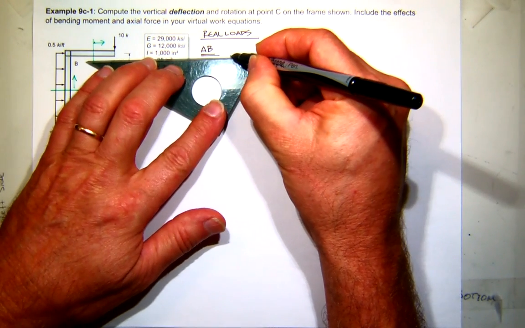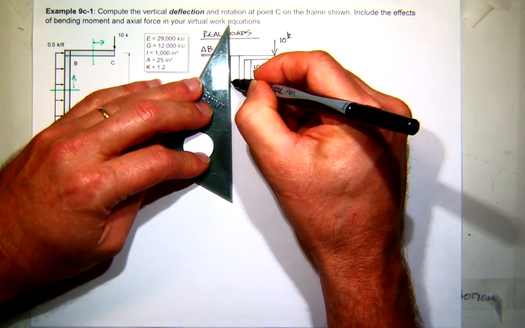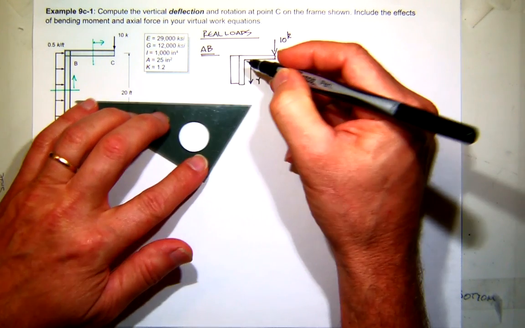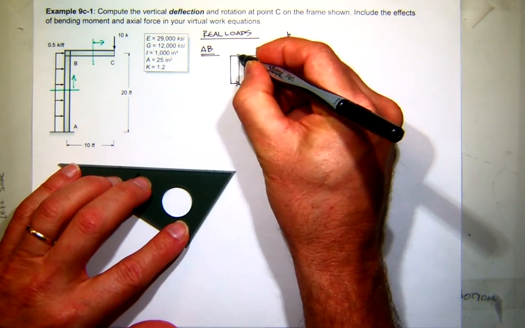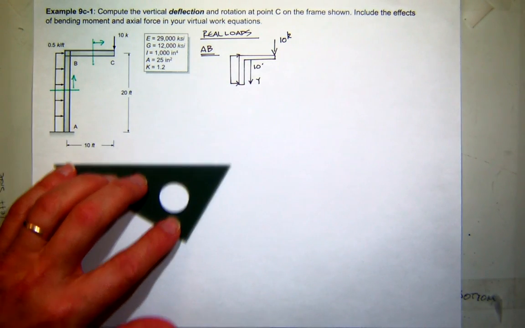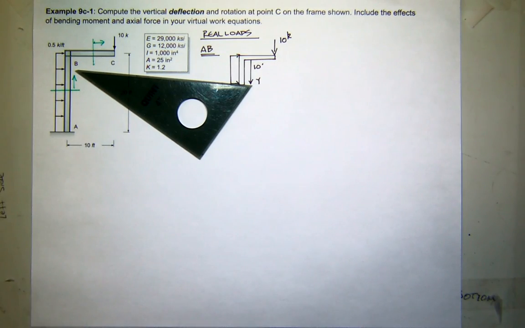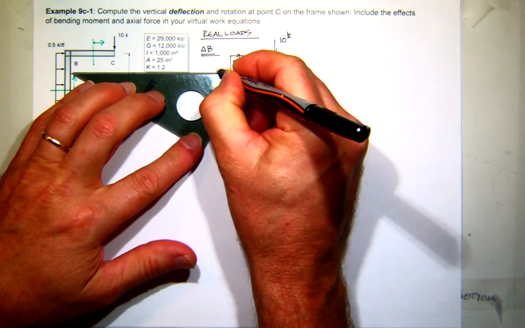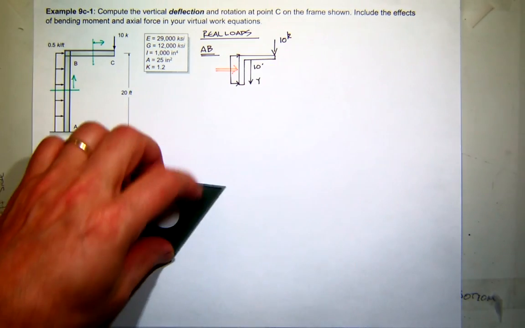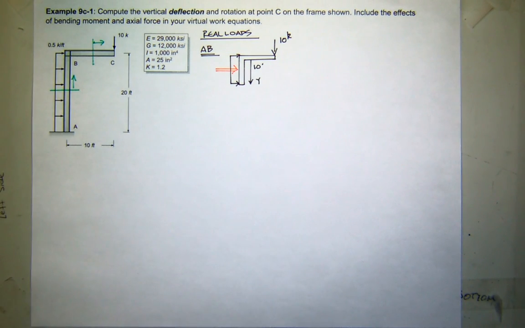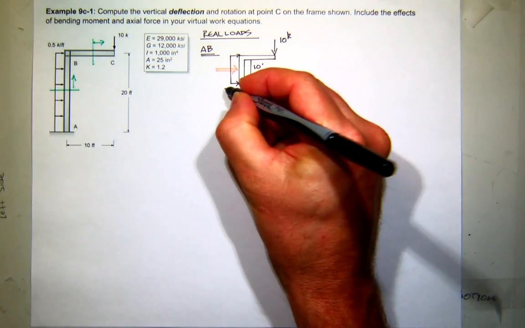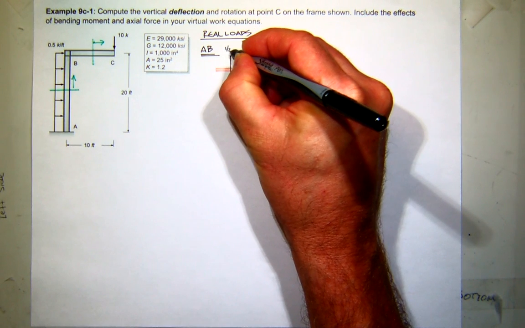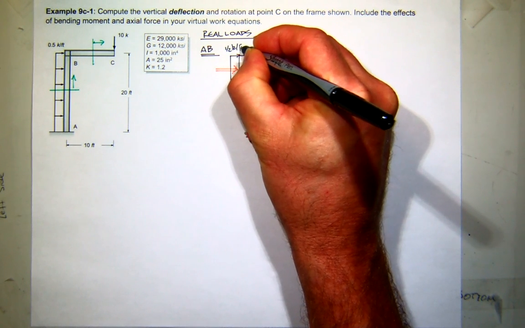And then I have the distributed force, which I can make a concentrated equivalent value of, right here. You notice that the force is basically 1/2 a kip per foot.